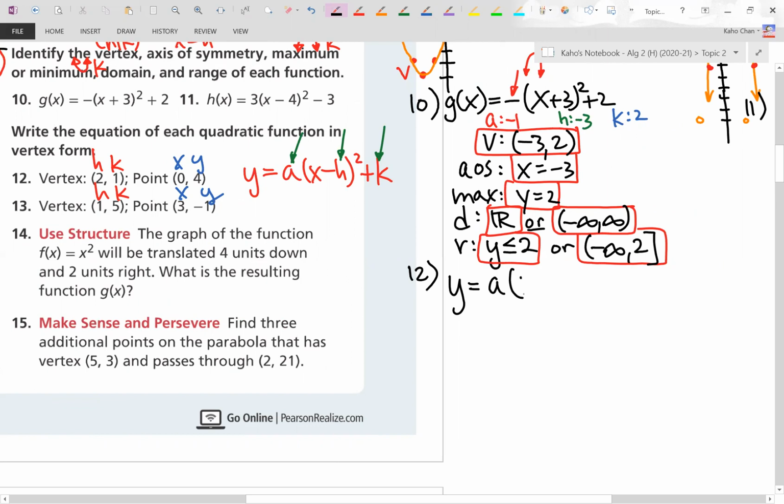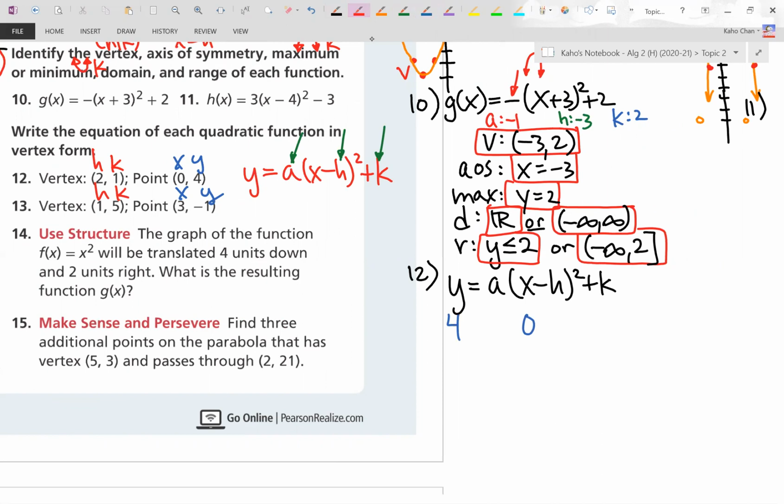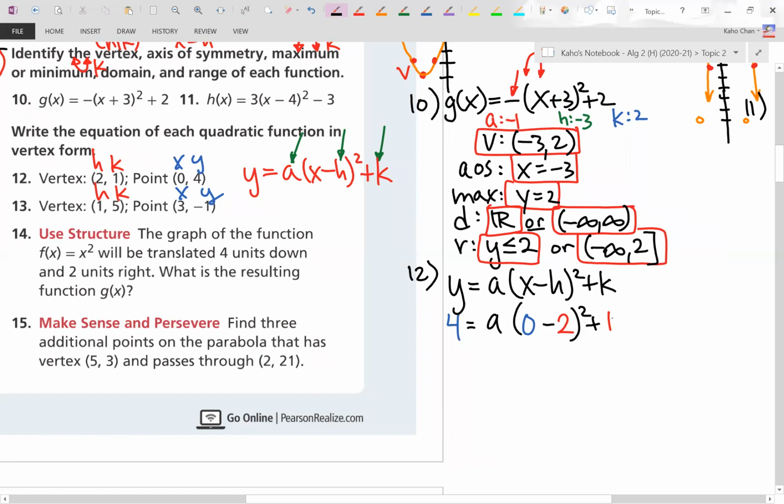Plug it in. I'm going to plug in 0, 4 for x and y, right there. And I'm going to plug in 2, 1 for h, k, right there. Clean up the rest. And just watch out for your signs and everything. 0 minus 2 is -2. -2 squared is +4.